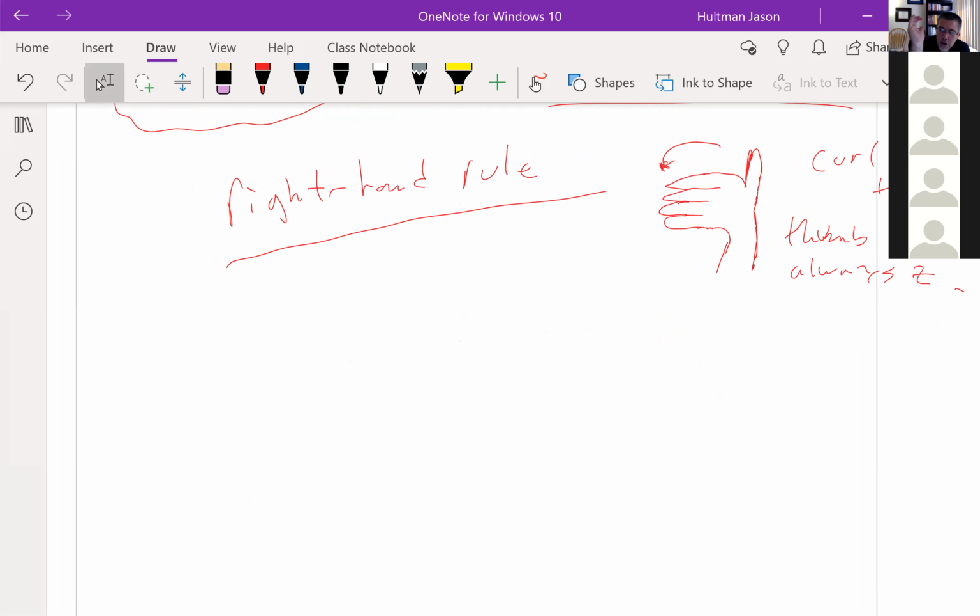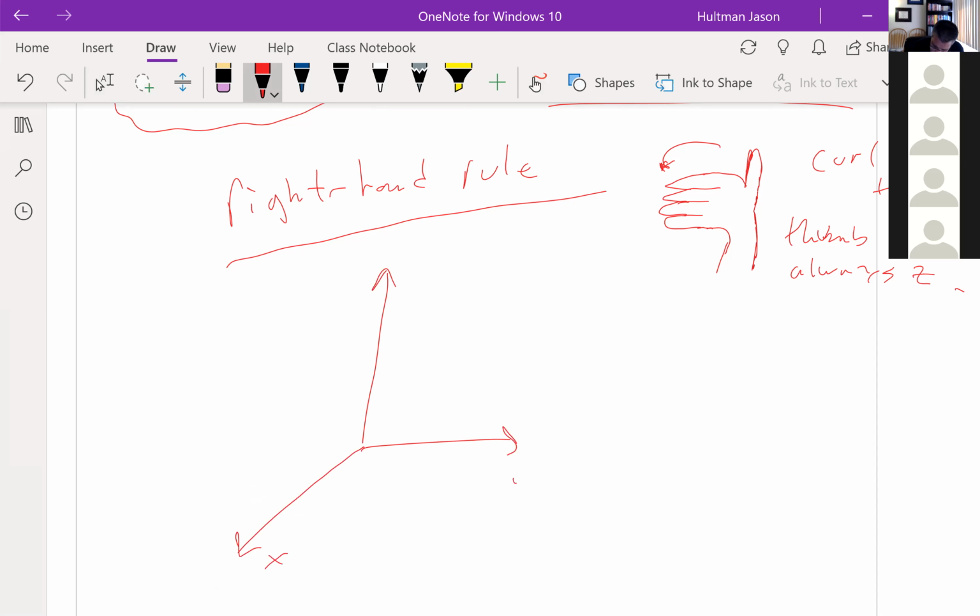If I curl this way, it's coming away from you. Just look at your own right hand and you're good. So we have this orientation here.